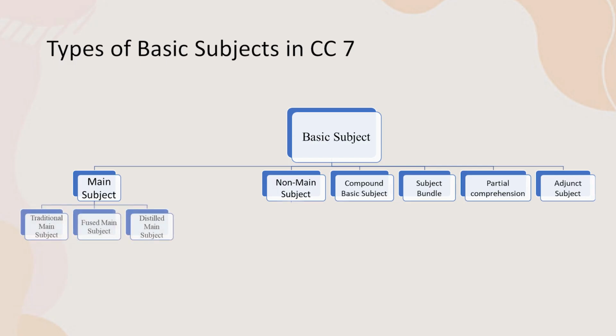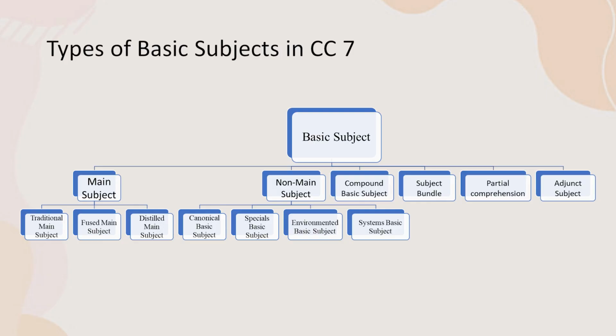Main basic subject may be grouped as traditional main subject, fused main subject, distilled main subject, and non-main basic subject may again be covered as canonical basic subject, special basic subject, environmental basic subject and system basic subject.